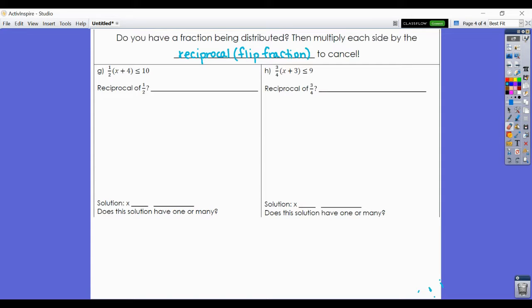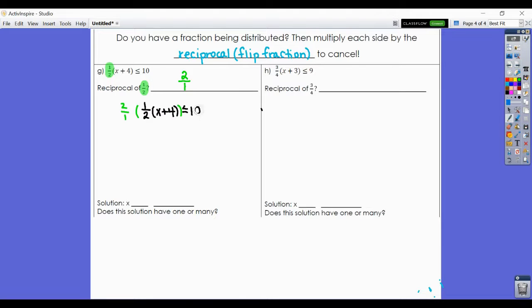That's the reciprocal. So how we go ahead and solve this now is each side of this inequality, 1/2 parentheses x plus 4 is less than or equal to 10, is now getting multiplied on each side by 2 over 1.